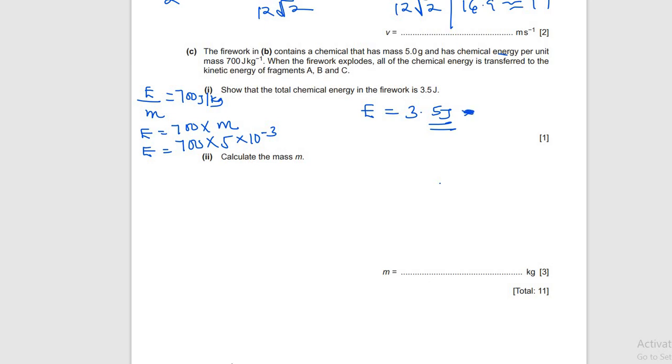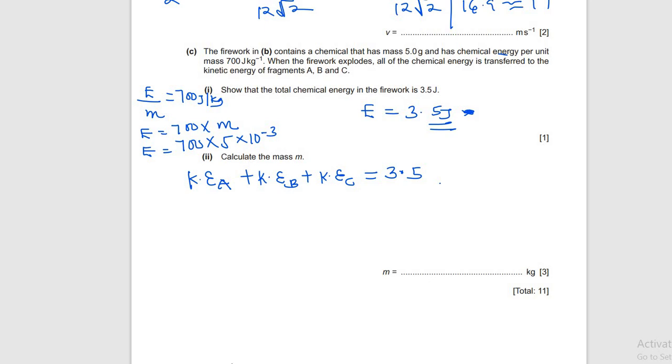So the kinetic energy of the first fragment plus the kinetic energy of the second fragment plus the kinetic energy of the third fragment gives 3.5. That's the meaning of the 3.5.